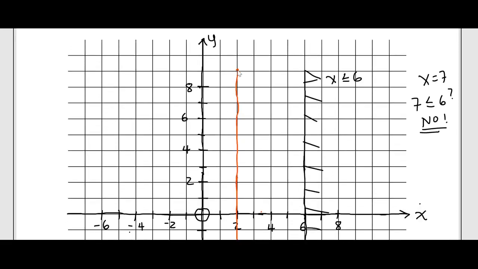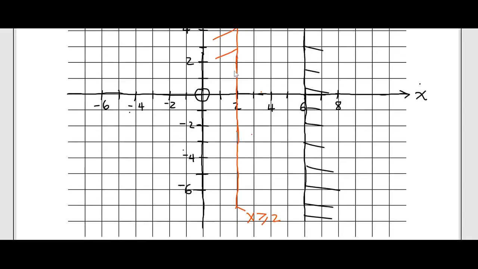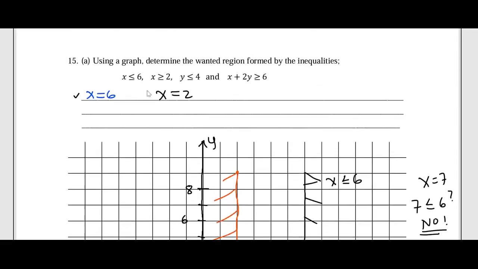So this side does not satisfy because it gives us values which are less than 2. So we shade out this side. The numbers in this region are not more than 2, but the question was saying the numbers which are more than or equal to 2.